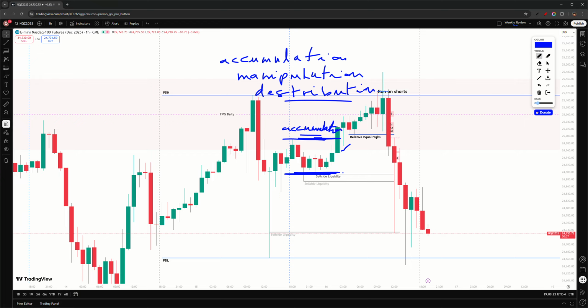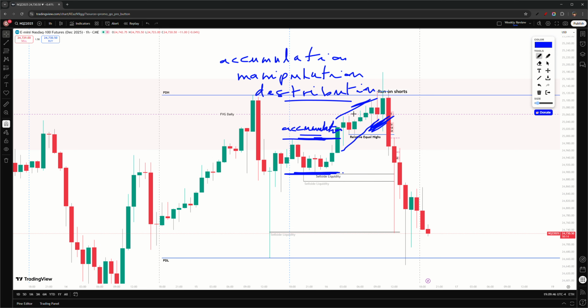And what do you see here? This will become more evident when we drop down to the lower time frames. It will be more evident. See how we tagged into the previous day high. We ran on stops. This was a run on buy side liquidity, right? Before we drop down.